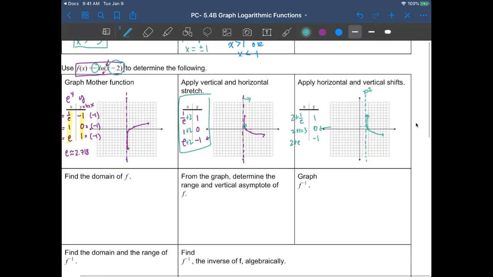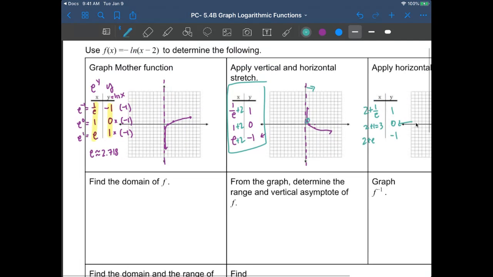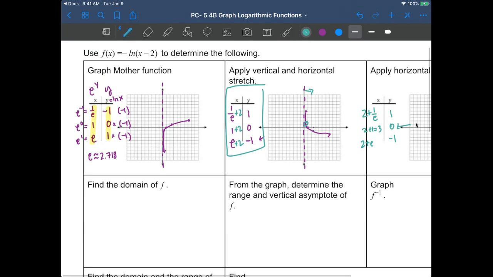Okay, so looking at our domain of f, I'm going to erase this. We're going to do all of our features now. So algebraically, we're going to do our domain. We take the inside, x minus 2, and set it greater than 0. We add 2 to both sides, so we get x is greater than 2.